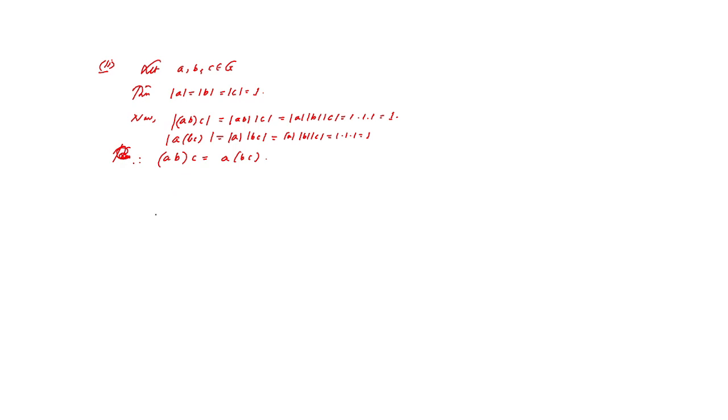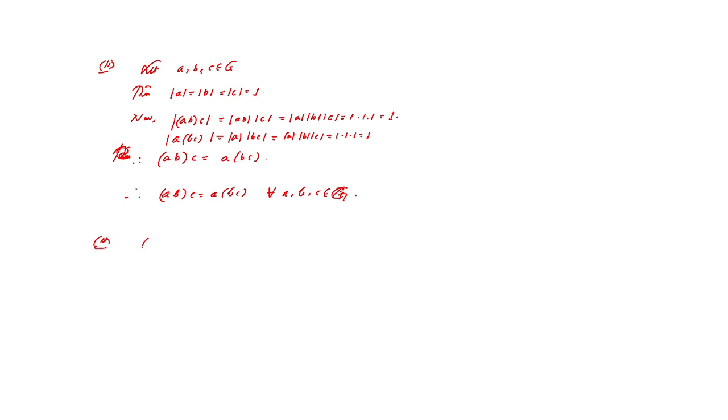So (AB)C equals A(BC) for all A, B, C belonging to G. And you can also say this from the hereditary property. Since multiplication is associative on C and G is a subset of C, associativity automatically holds.